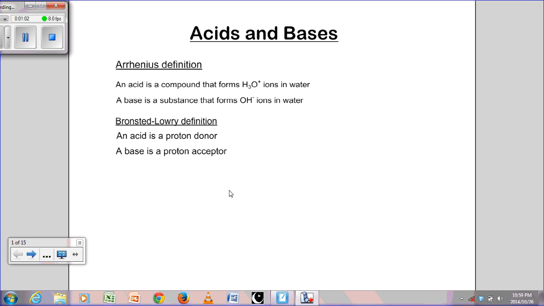When we look at some types of reactions, we will see how acids donate protons, which are H+ ions. And a base is a proton acceptor. A base is a substance that will accept H+ ions when it reacts.